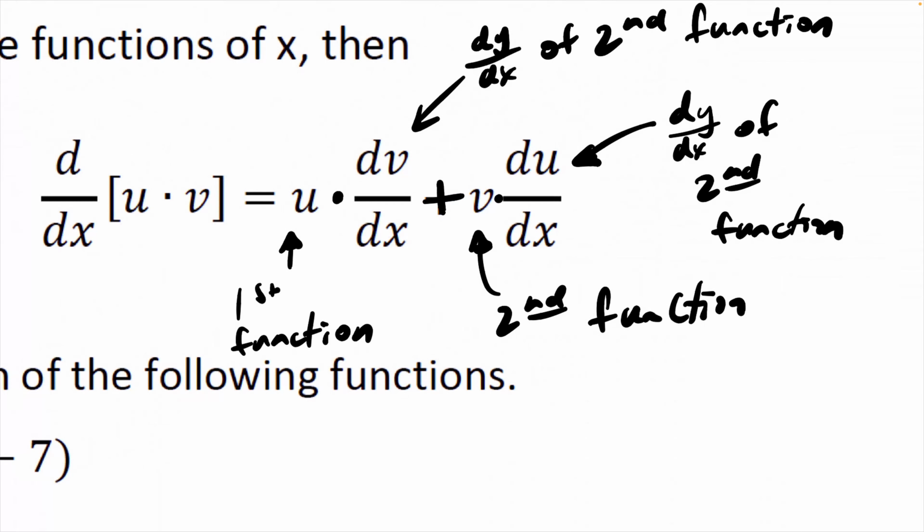Do you want me to erase that? Let me write it down first. One of these is supposed to be the first function. Sorry, that was my mistake. This was the first. Okay, that makes a lot more sense.